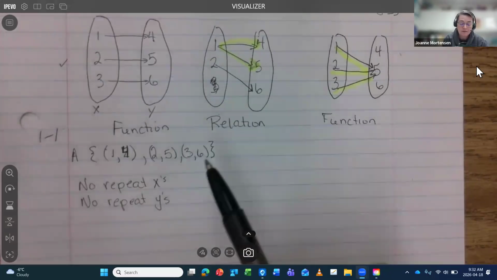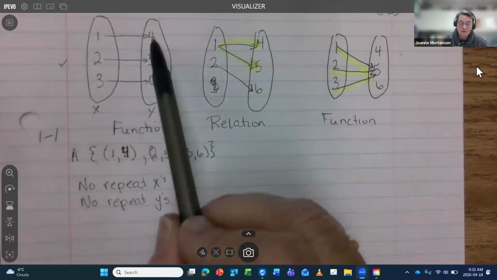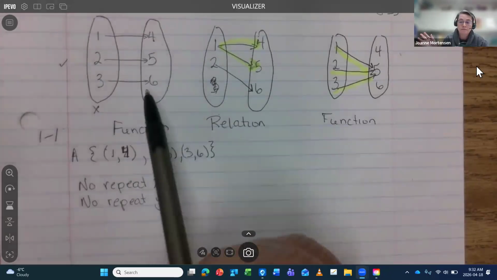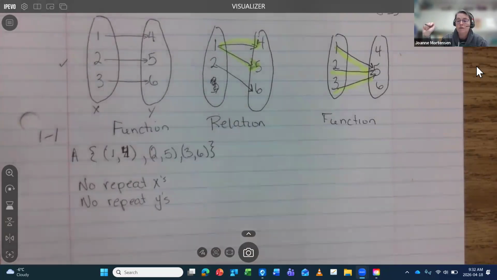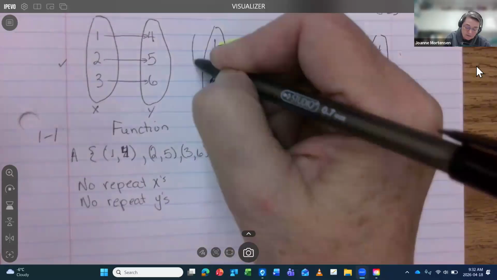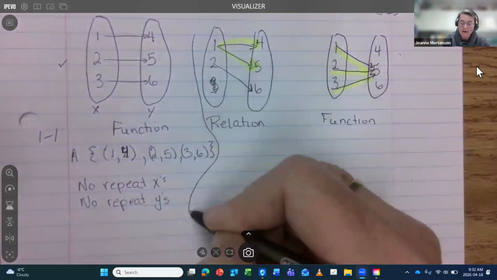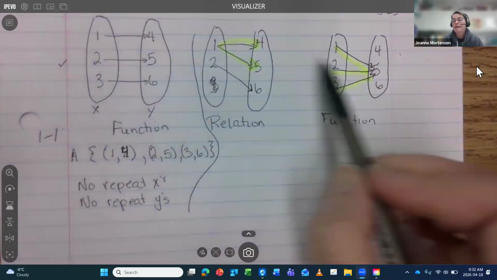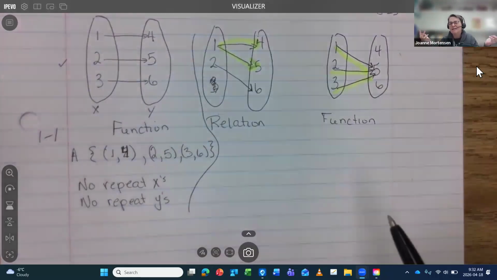It wouldn't matter if this was like 2, 4, 5 or something over there. Just look at all the first coordinates, and they're all different. All the second coordinates, they're all different. Then you know it's a function, and specifically it's a 1 to 1 function. It's the ones where stuff repeats that you have to be careful with.